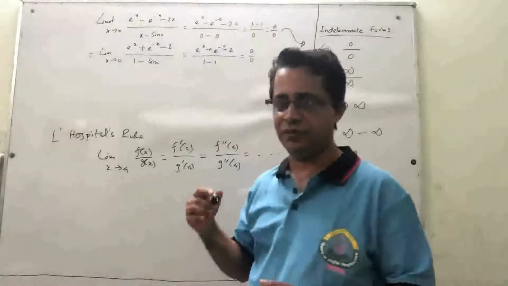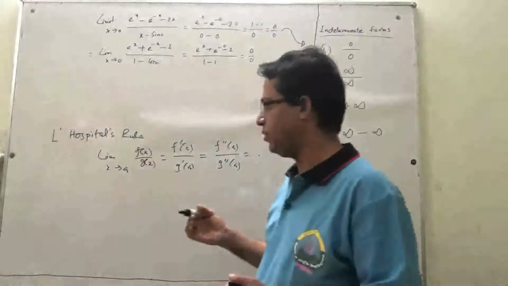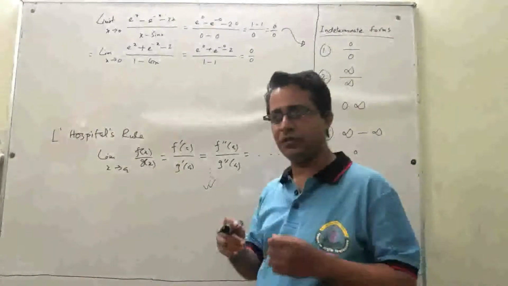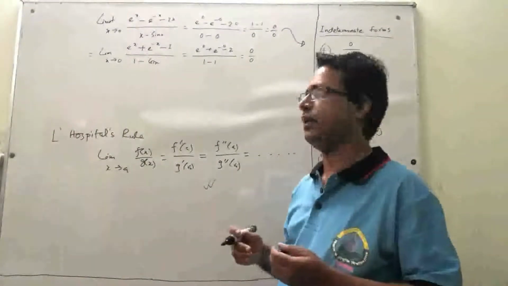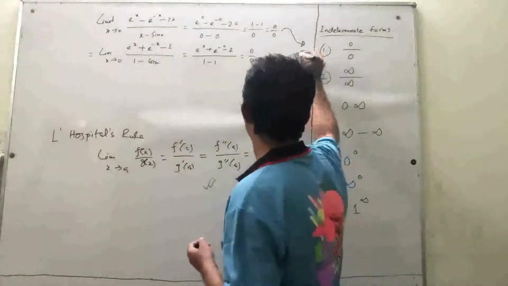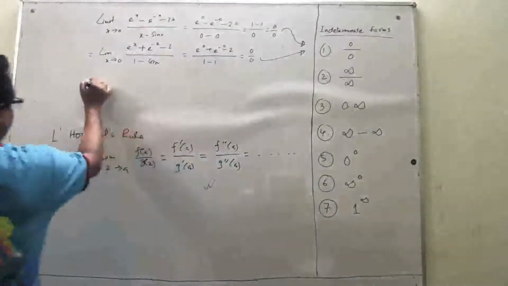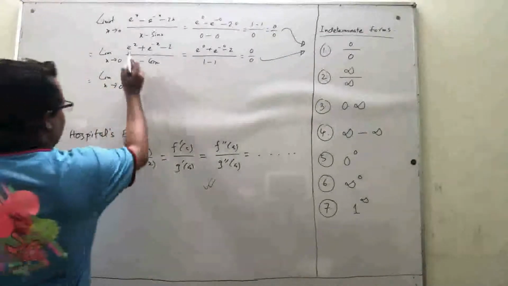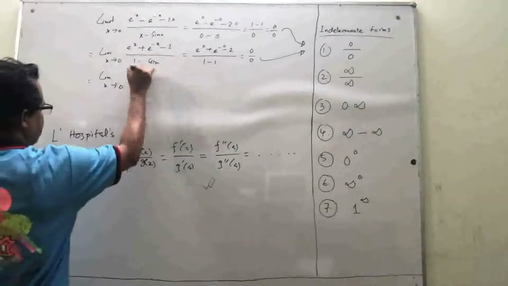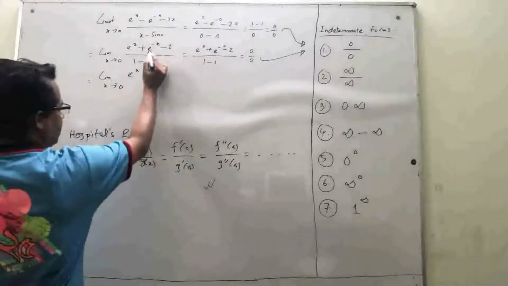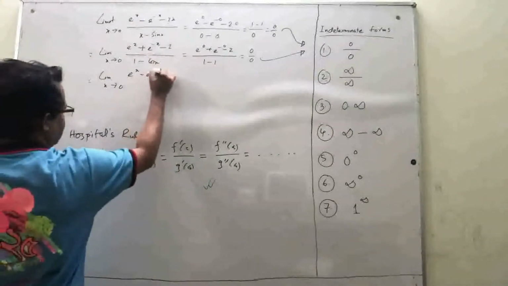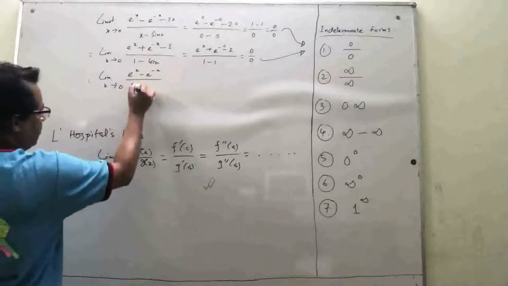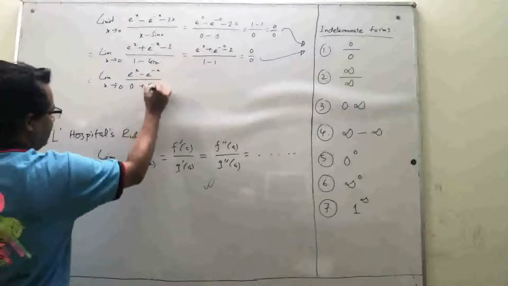Since the indeterminate form remains unchanged, we will have to follow L'Hospital's rule again and again, which is indeterminate form 0 by 0. So again, applying L'Hospital's rule, we get the differentiation of e to the power x, which is e to the power x, and the differentiation of e power minus x minus, giving e power minus x, divided by 0 minus cos x, that is plus sin x.